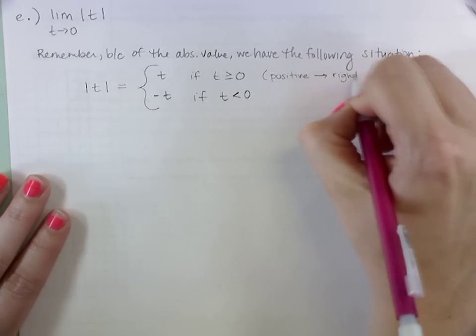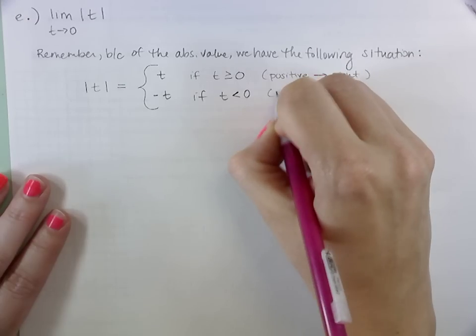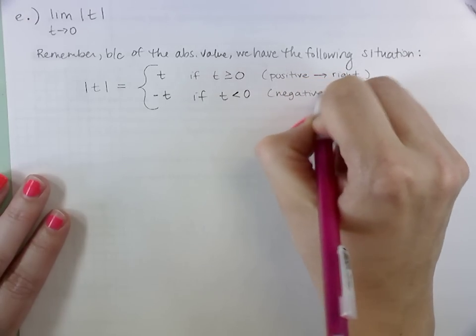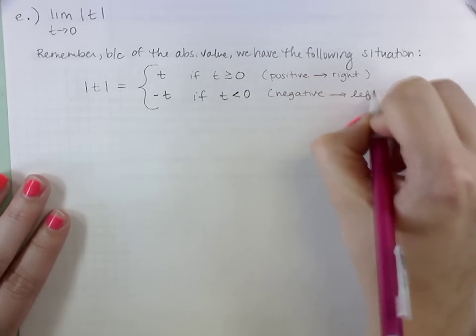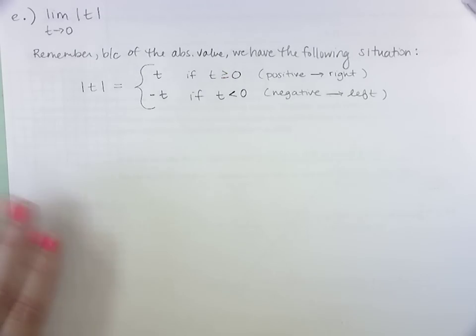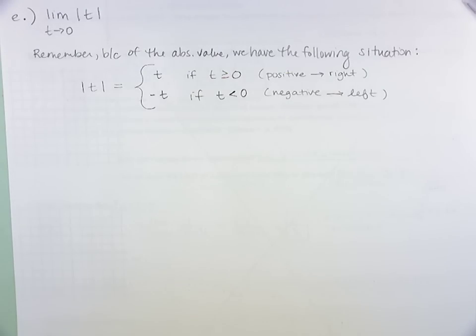On the other side are the negative values, the left side of the graph. It helps for reference if you know what it looks like, and we'll use that in the next one as well.